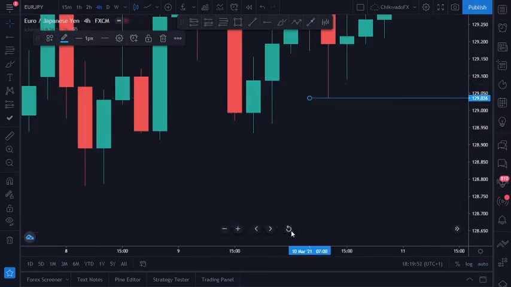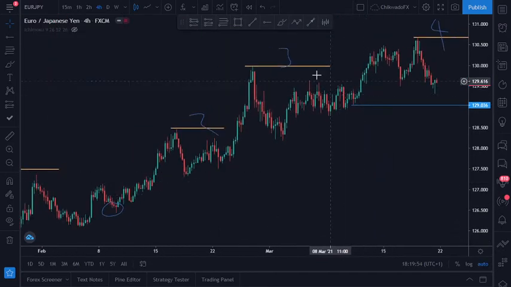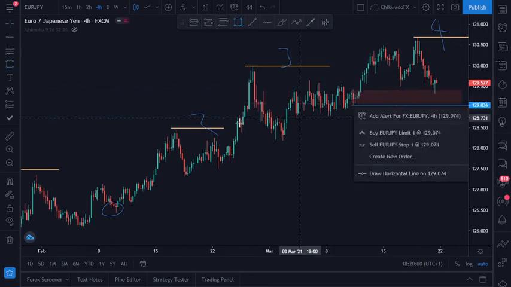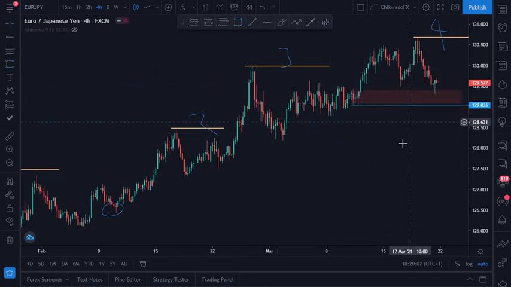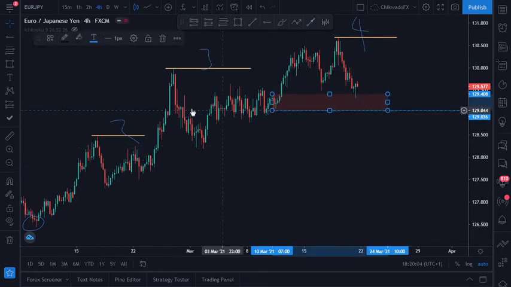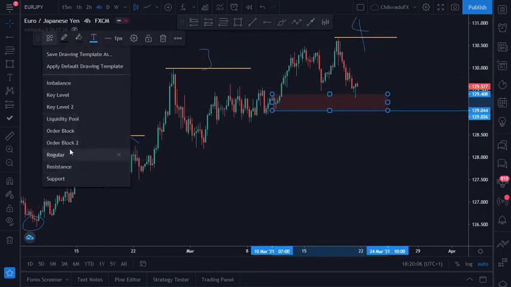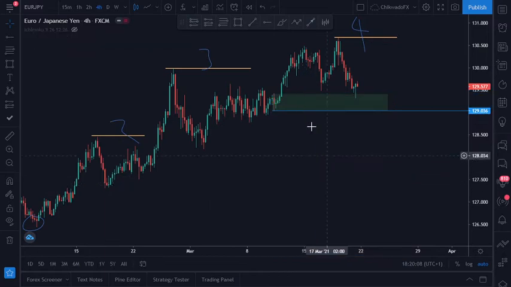This is the level of structure that broke through high 3. You see this demand zone as we have it here. Let's make that green, so it's obvious that it is a demand zone. So support here. Now this green zone here bettered the break of high 3, and now we have high 4 in the market.